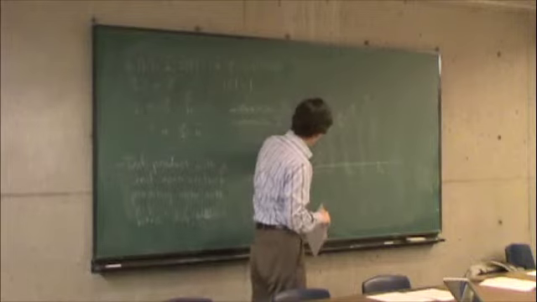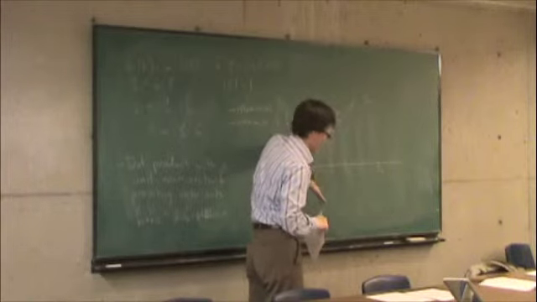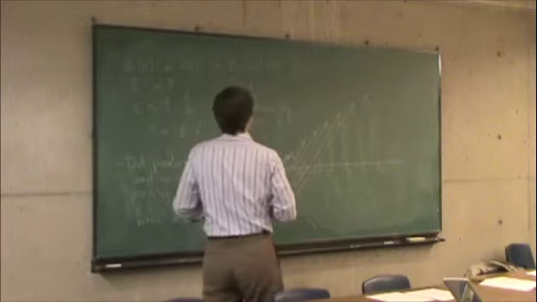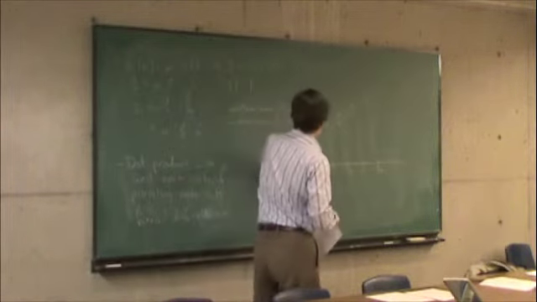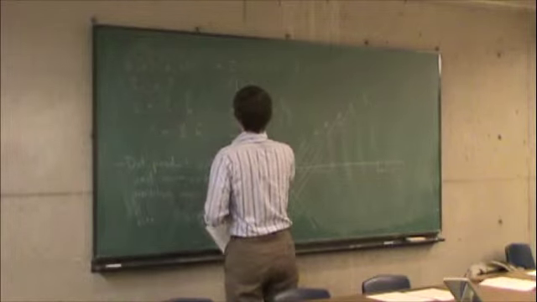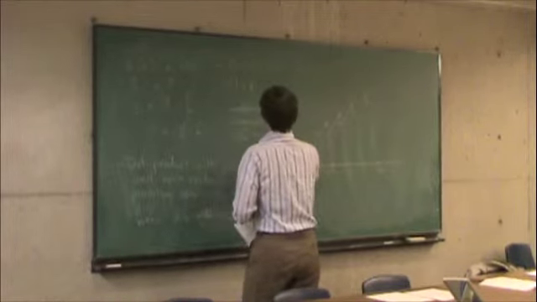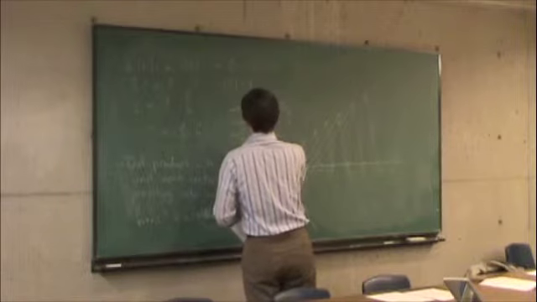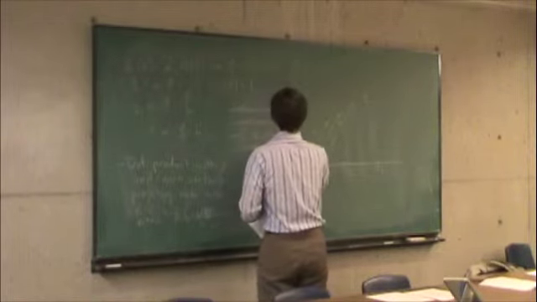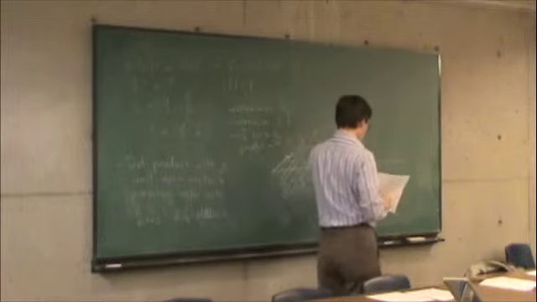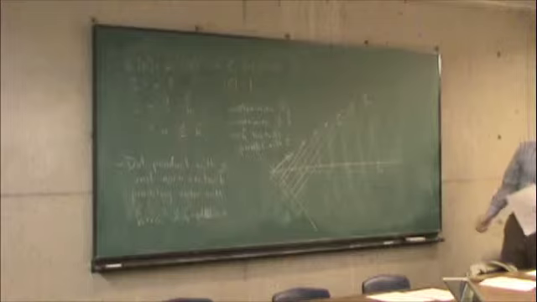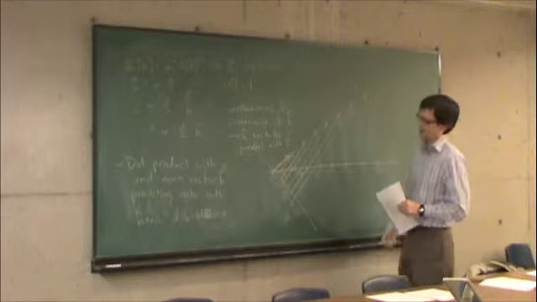As I swing this around and it becomes closer and closer to, let's say, 90 degrees, this gap will shrink to 0. If I want this gap to be maximum, then H hat has to be parallel with S.